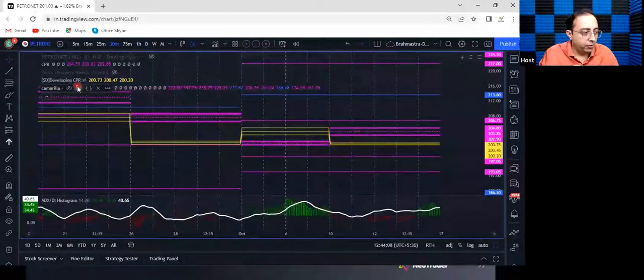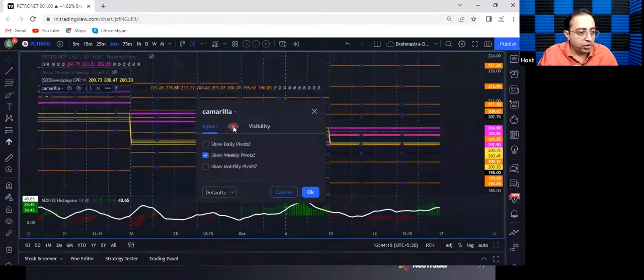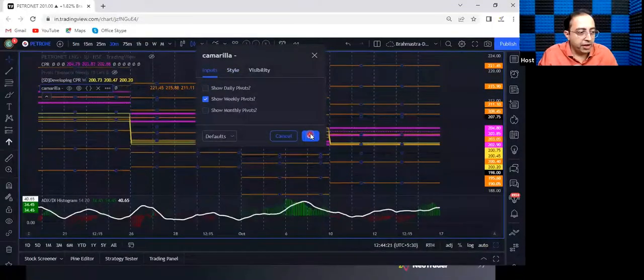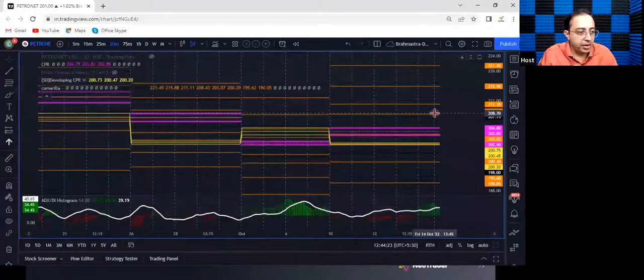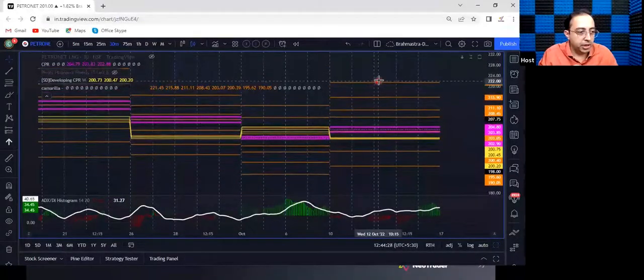All right. Once you go to the settings, you could click on the weekly pivots. Once you click on the weekly pivots, you will have multiple levels here, which will be your 3, 4, 5, 6. How many of you have got this?